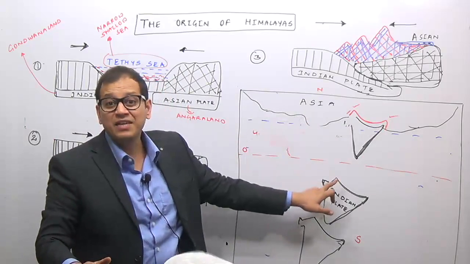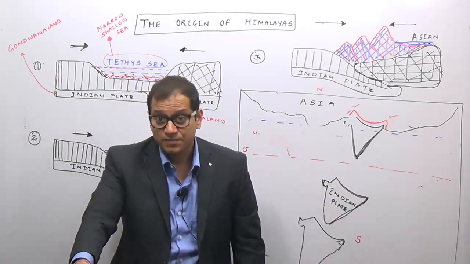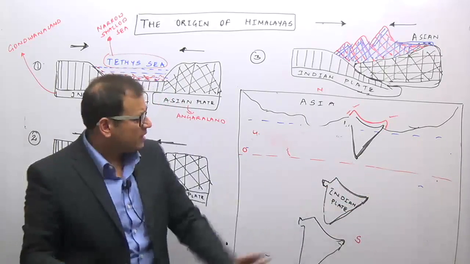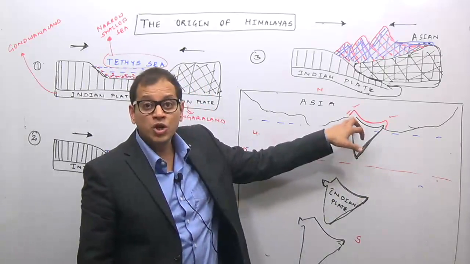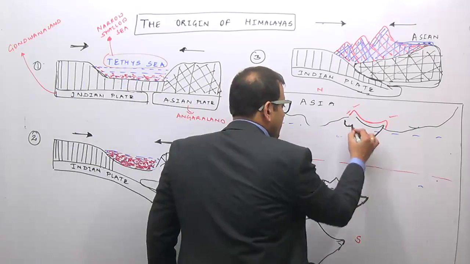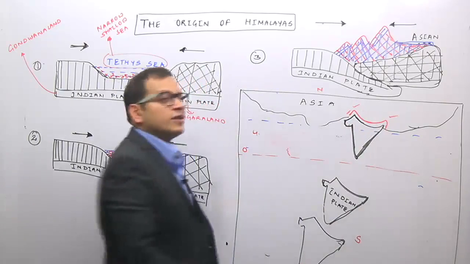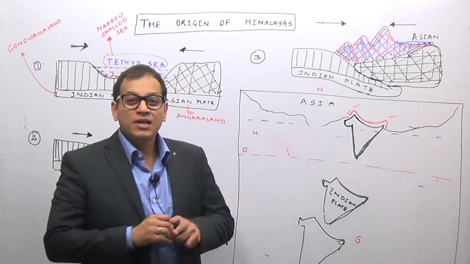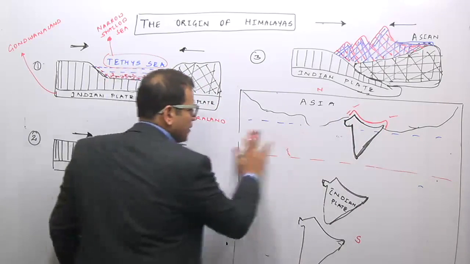One arm is the Aravallis and the second arm is the Assam Himalayas or Assam Hills, these two arms of the peninsular plateau, and because the maximum push was offered by the peninsular plateau at the two extremities, the Himalayas have a hairpin bend. Hairpin bend means, how is a hairpin?